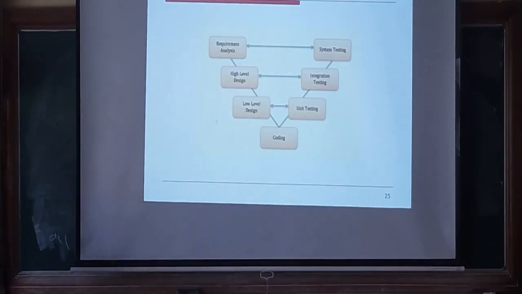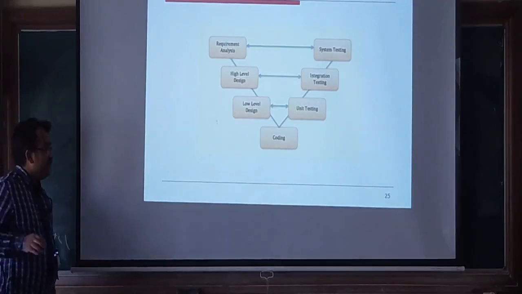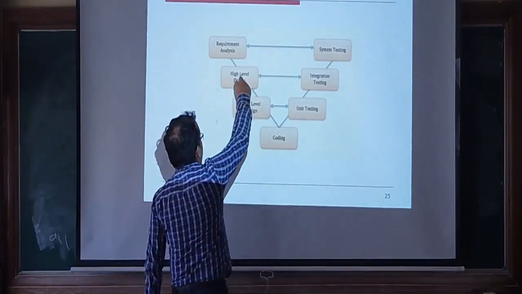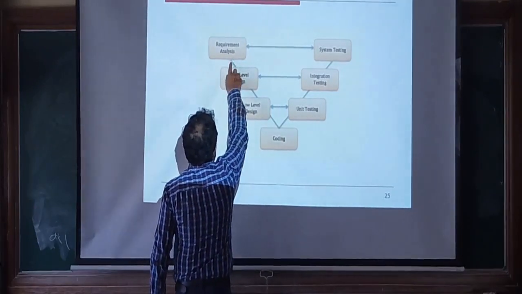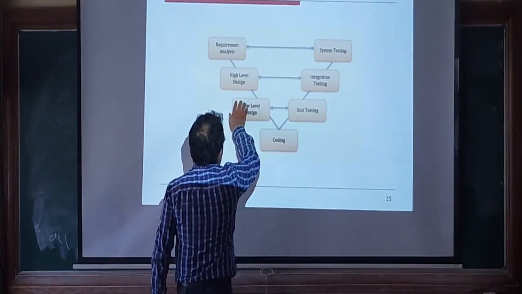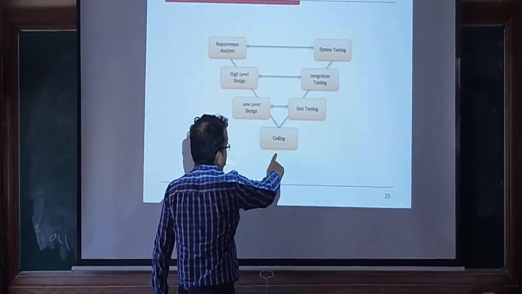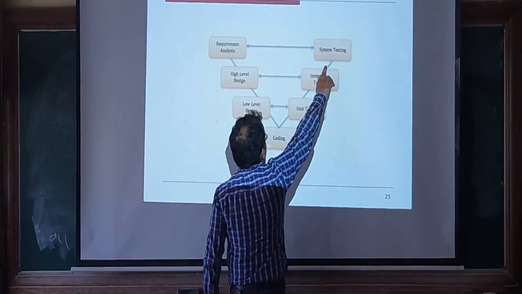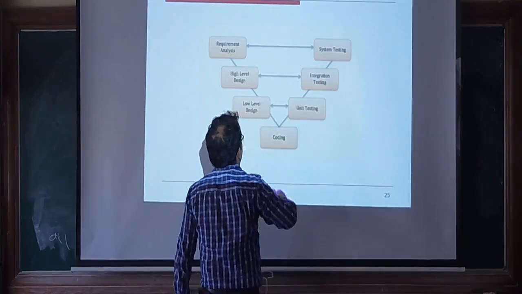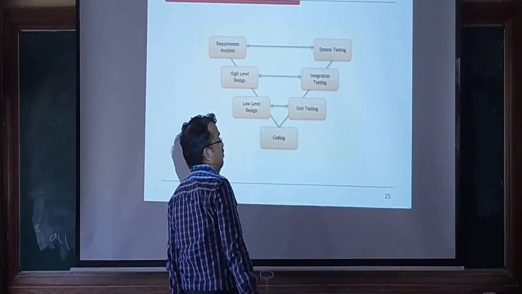In the V model, these are the waterfall abstraction levels of the development phase. First we do requirement analysis, then high level design, then low level design, then coding, right? So every level after coding takes a V shape to identify the level of testing for each of these abstraction levels in the waterfall model.